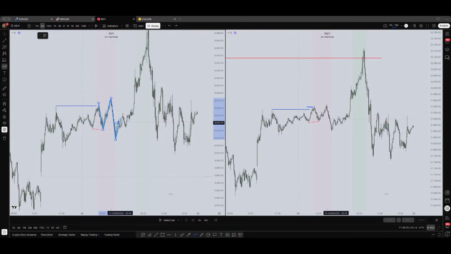So after this breaker, after this market structure shift, price will go lower. So I took this area, for me this was the breaker area, and I took a trade here.